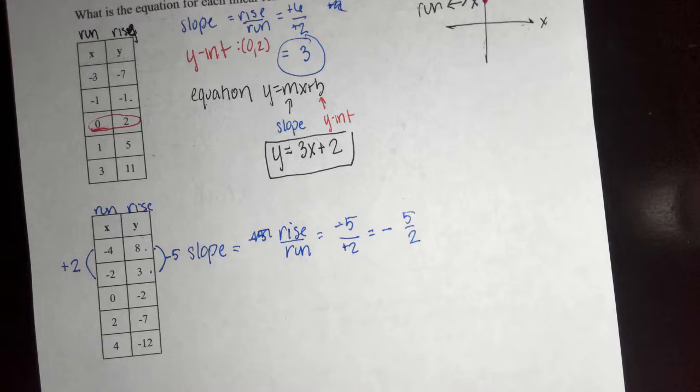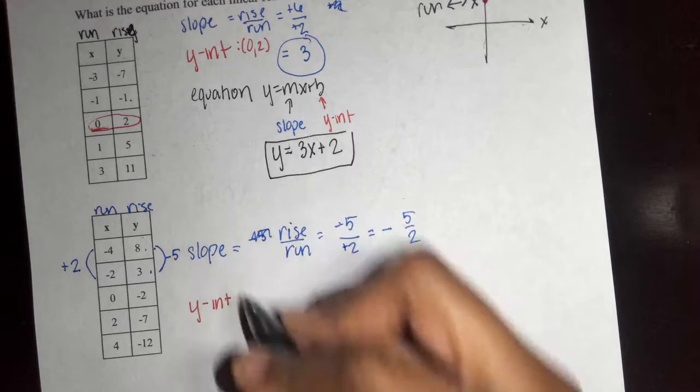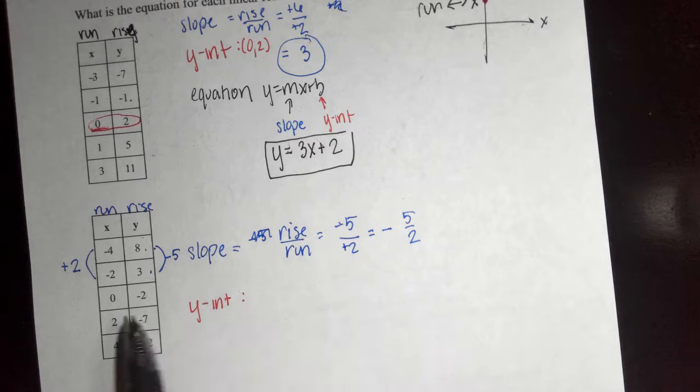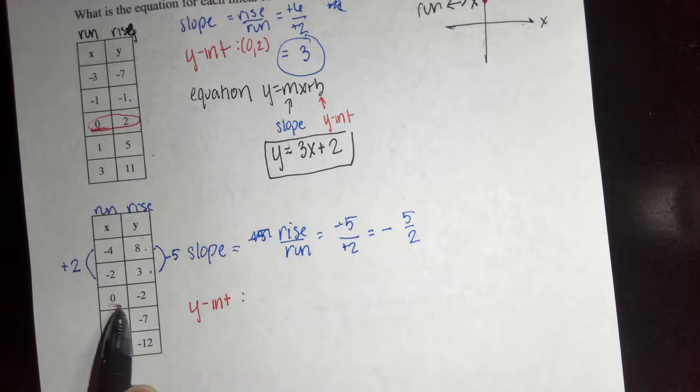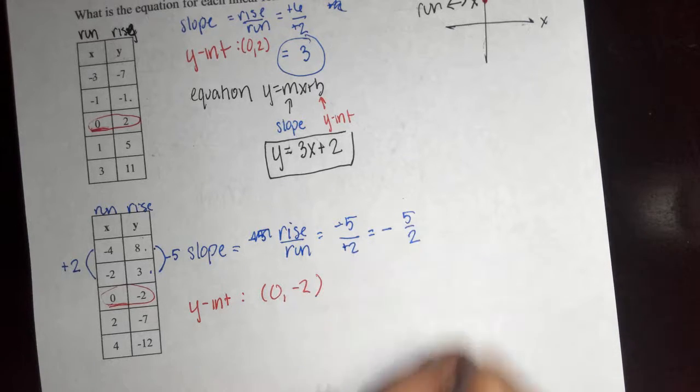Then we need to find our y-intercept, which is the point where our x value is 0. When our x value is 0, our y value is -2. So (0, -2) is our y-intercept.